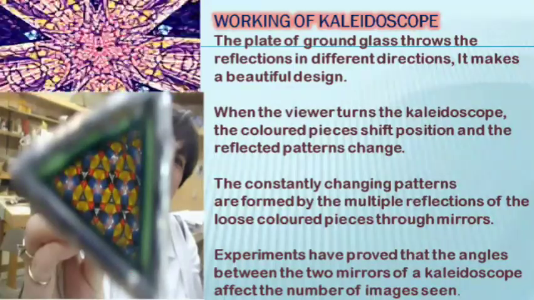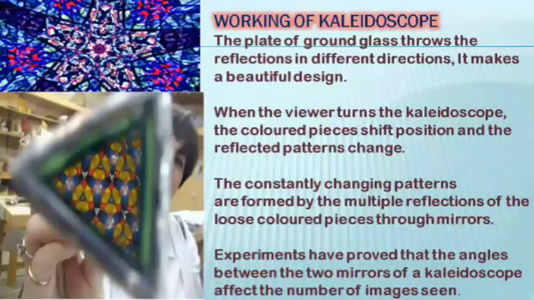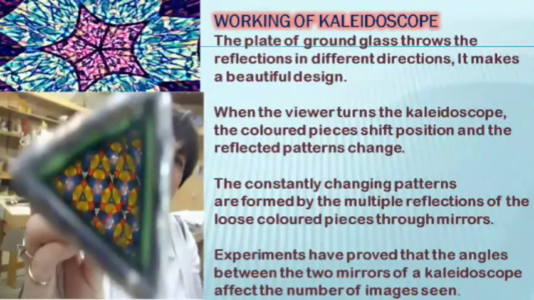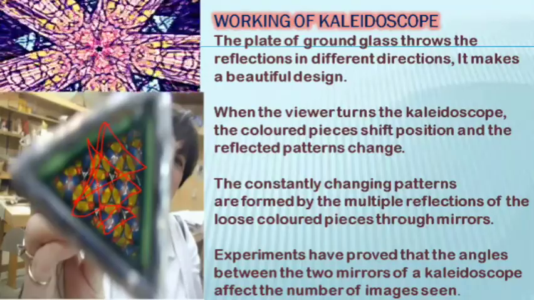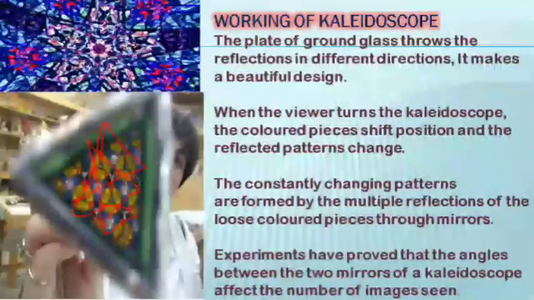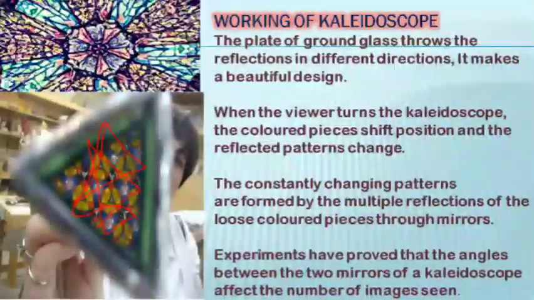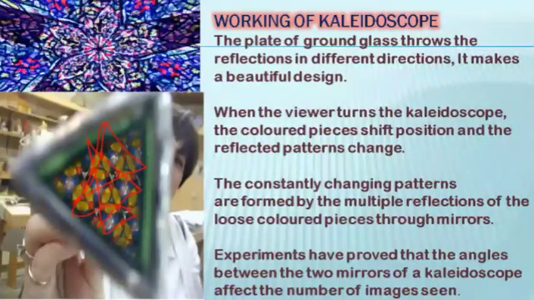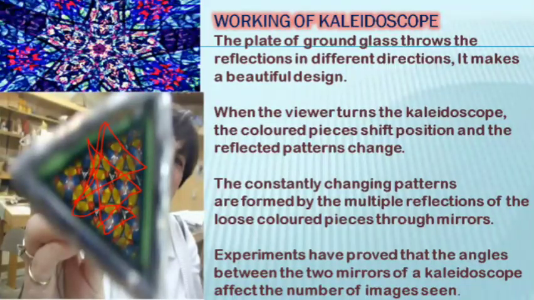Light reflected through this mirror strikes the pieces in this direction and in that direction. So these are multiple reflections, and when we turn and rotate this kaleidoscope, on the other side from the eyepiece we can see the colored, changing pattern, which you can see here in this image.